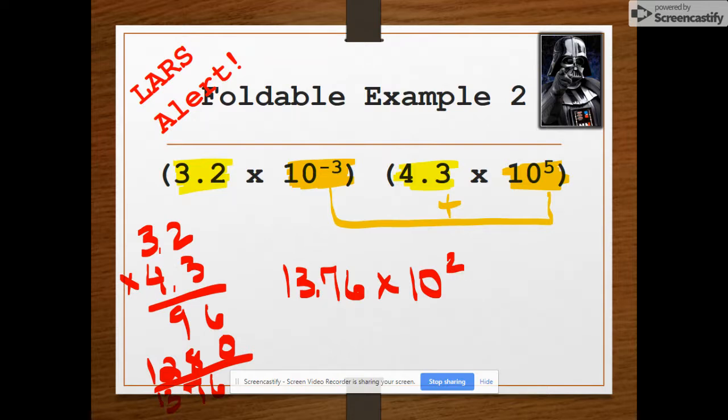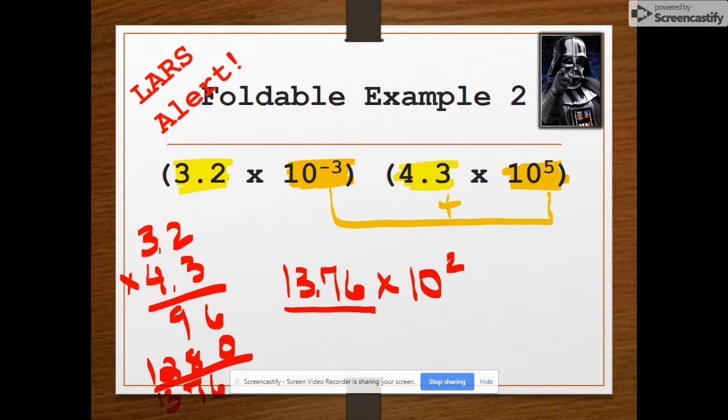So at this point, I have 13.76 times 10 to the 2nd power. However, we must also remember that to be in correct scientific notation, our coefficient must be greater than or equal to 1, check, but less than 10. In this case, our coefficient is not less than 10.